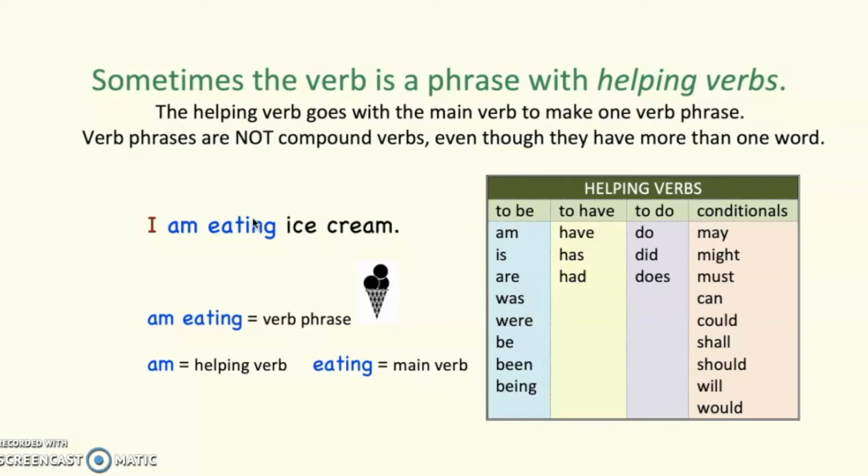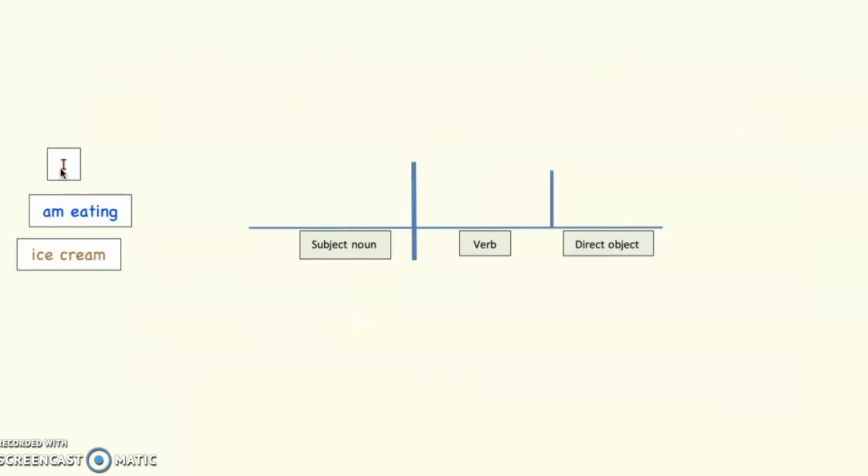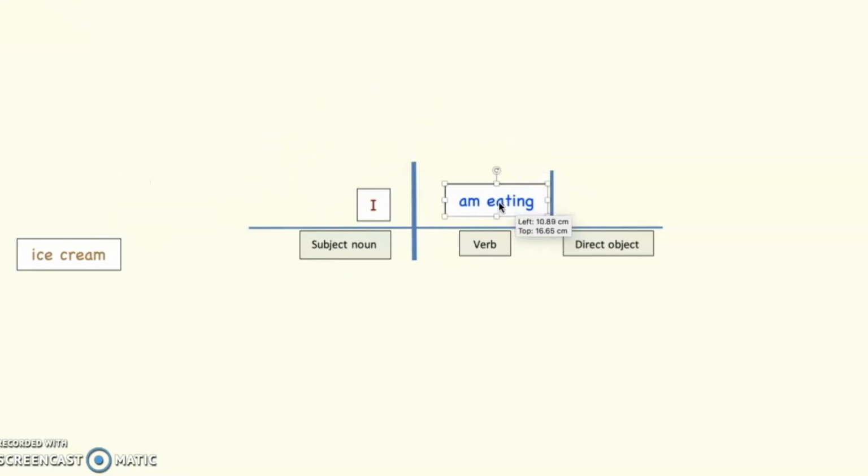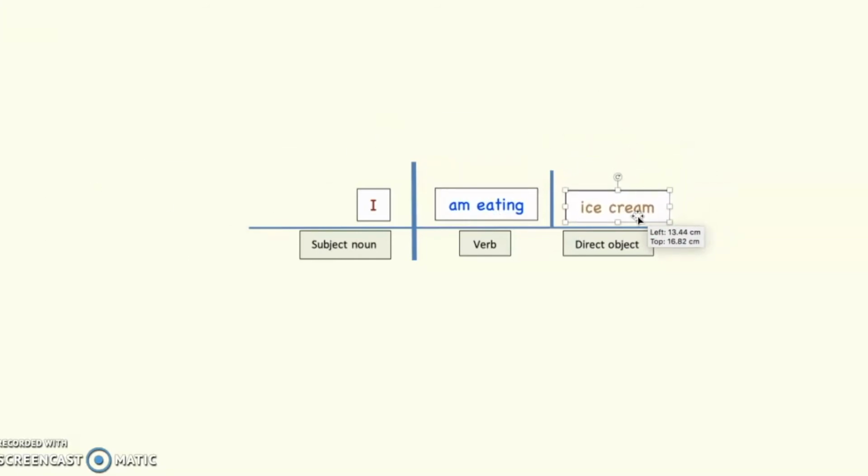But when they are in a verb phrase like this, then they function as a helping verb. This sentence is a simple sentence because it only has one dividing line here between the subject over here and the verb and words that are related to the verb over here.